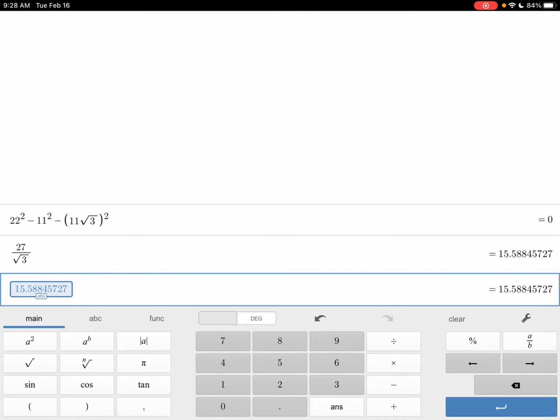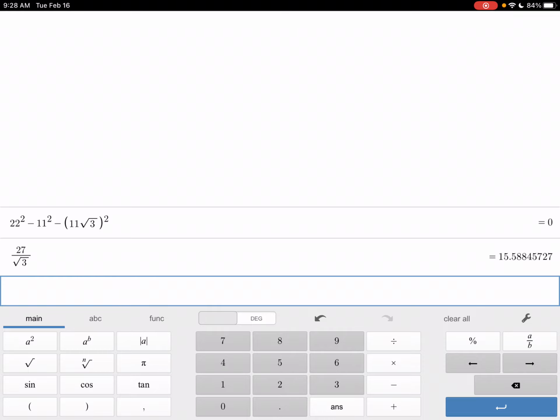For those of you using a TI calculator, I believe your ANS, your last answer feature, is the second function of the negative button in most cases. But if you're just using your phone calculator, and actually I could have done this here, there's no reason to do anything. If I just hit the times button, oh, nope, this one didn't. But on most calculators, it'll just use the last answer that it had of 15.59.